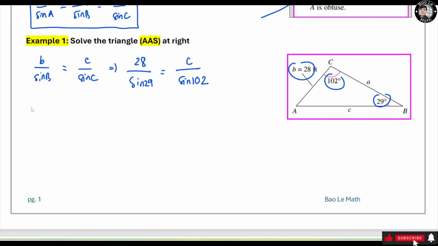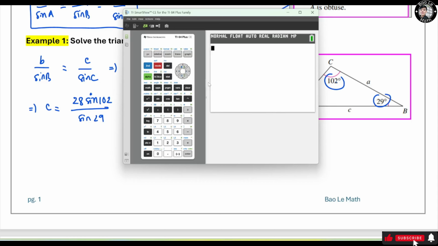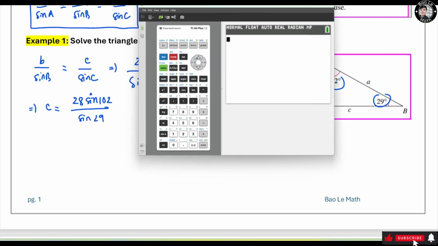Now cross multiply, we're going to end up with C equals 28 sine 102 divided by sine 29. So we're going to bring up the calculator. Since the angle here is in degrees, your calculator mode should be in degree.